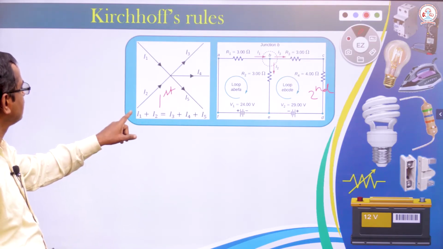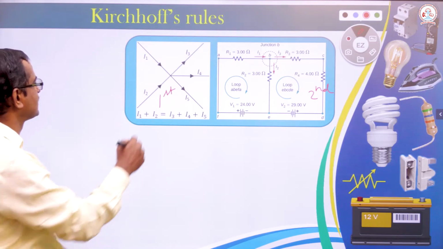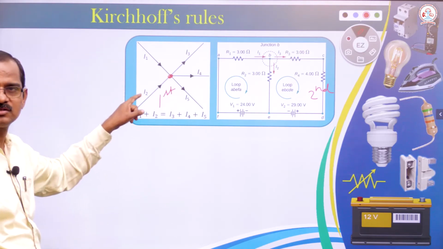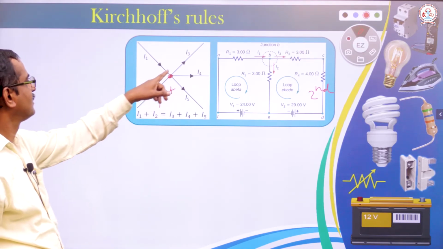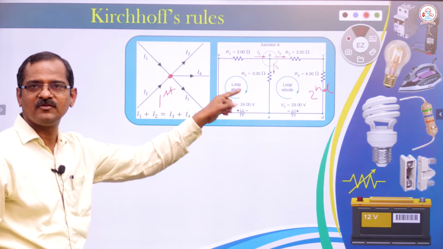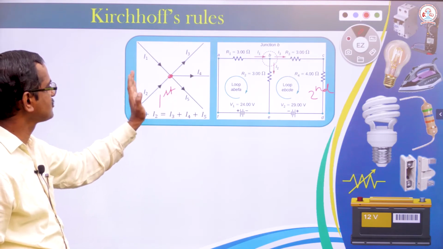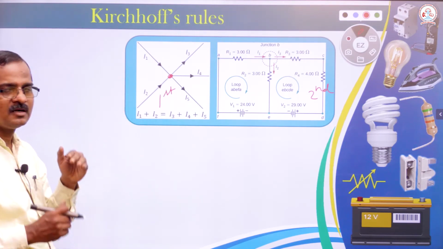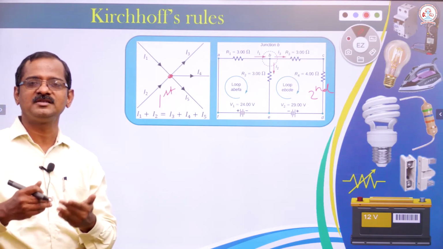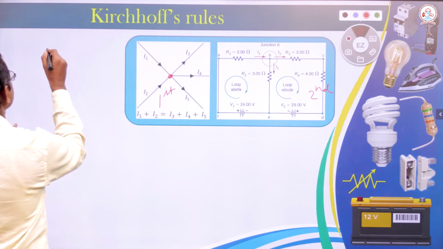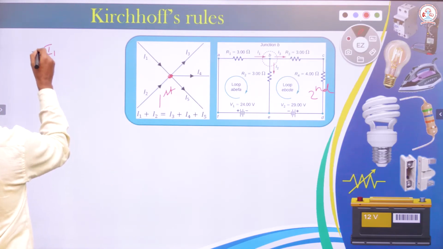You just see here, I1 is flowing towards the junction, I2 is also flowing towards the junction, I3 is flowing away from the junction, I4 is also flowing away from the junction, I5 is also flowing away from the junction. Kirchhoff's first rule says that the algebraic sum of current meeting at a junction is 0. So we can write: I1 is towards the junction, therefore plus I1.